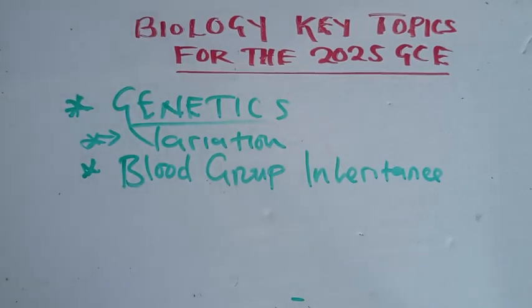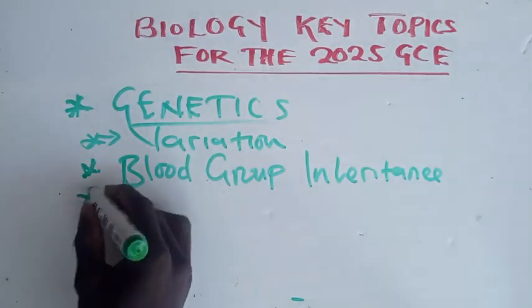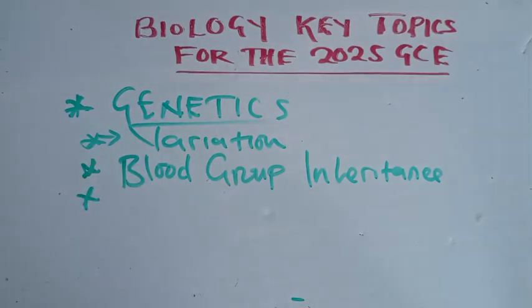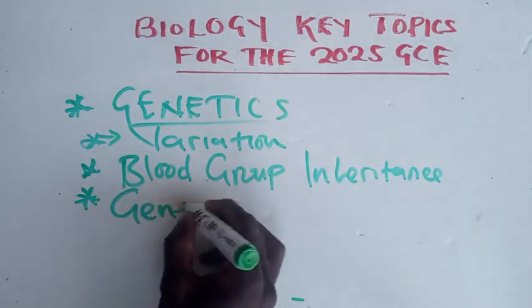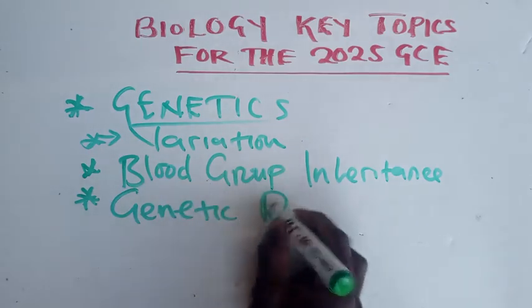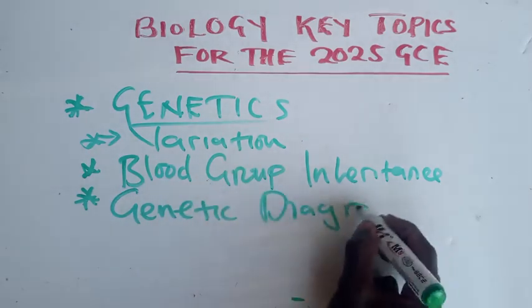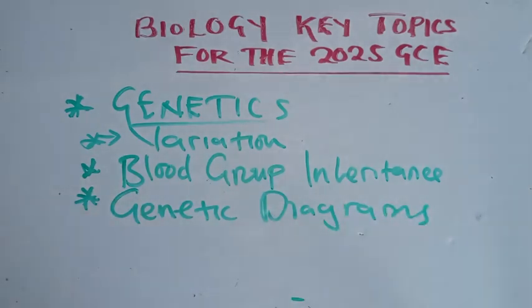Okay, the other subtopic under genetics, which I want you to understand, is how to write genetic diagrams. Make sure you know how to write genetic diagrams, and the reason is simple.